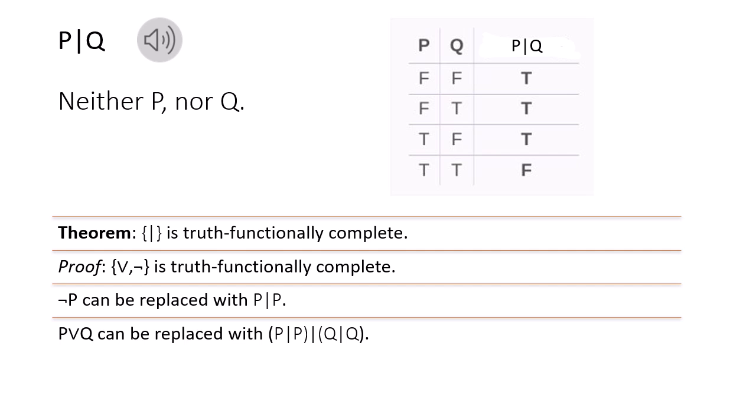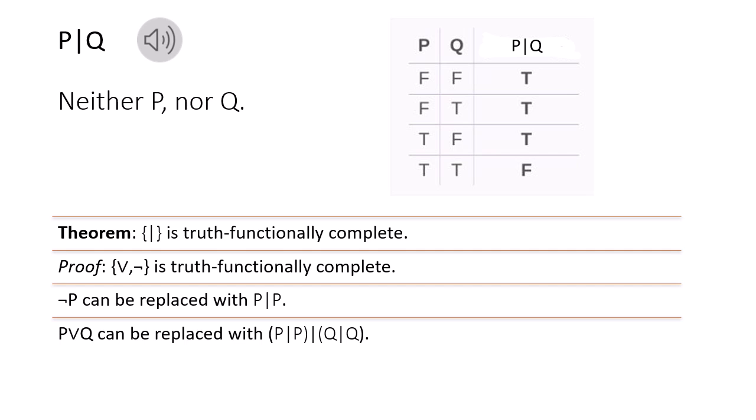And then the same is true of the disjunction. P or Q can be replaced with this complex sentence down here on the bottom where we have P stroke P stroked with Q stroke Q. And that basically undoes the negations and gets you back to an or.